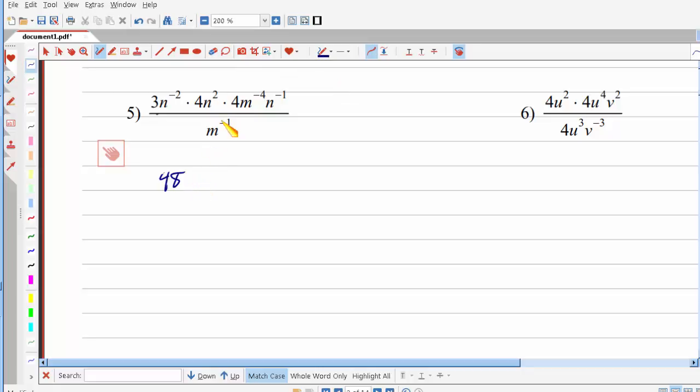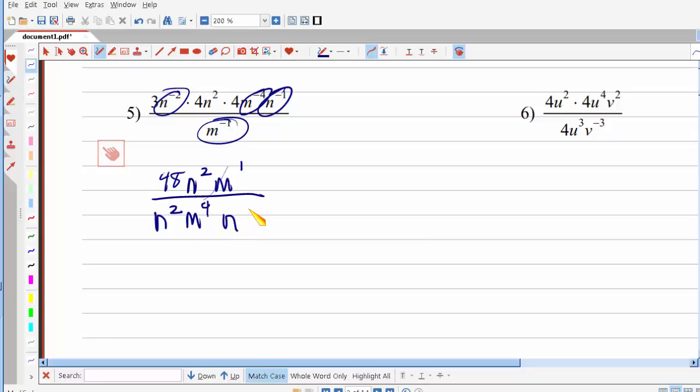So I have 48n squared, and that's all that is in the numerator. And then I have this m to the 1 goes up into the numerator, and then this one and that one go down into the denominator. So that's going to give me n squared m to the fourth n.